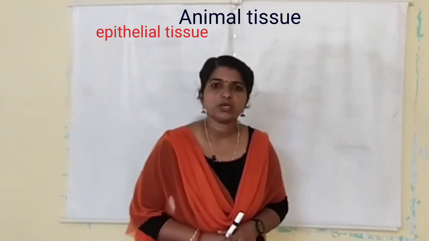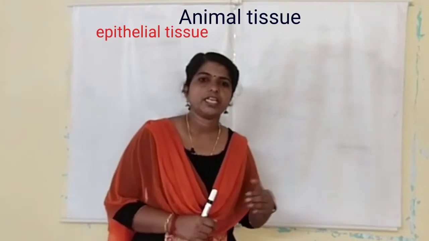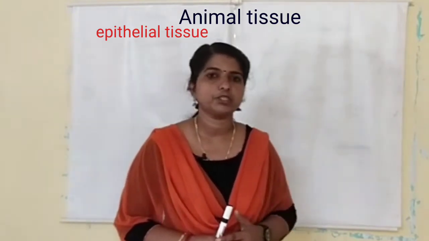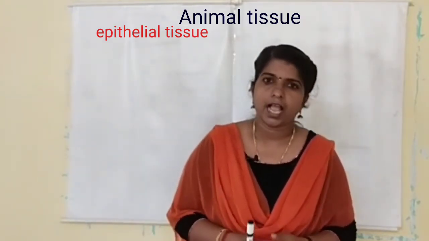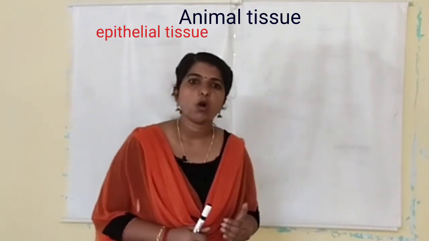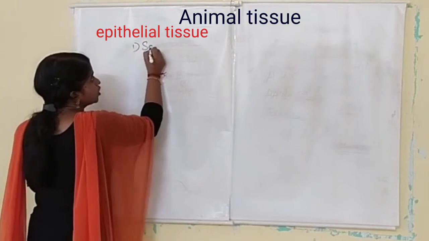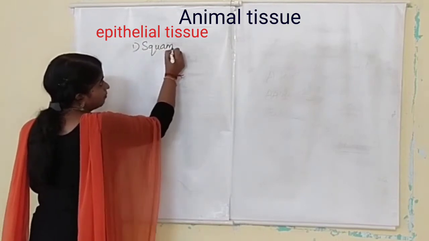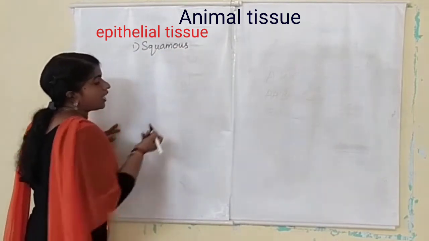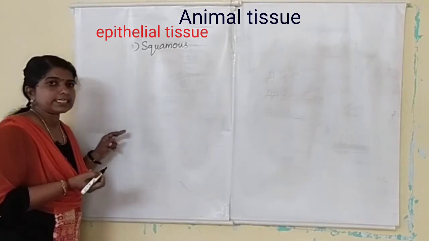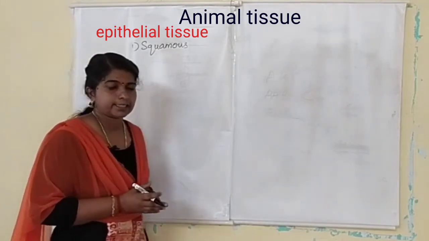Based on the shape, epithelial tissue is classified into different types. The first type is known as the squamous epithelium. These squamous epithelial cells are flat cells.